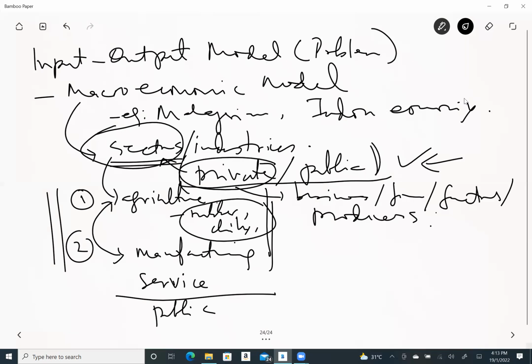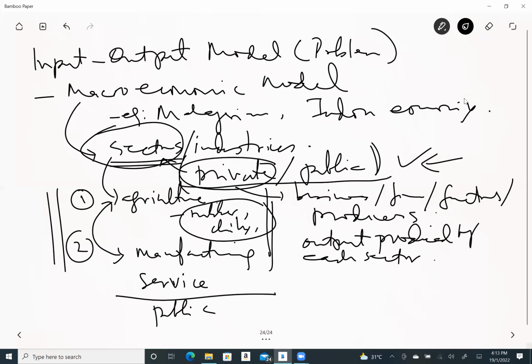For these 2 sectors, there will be quantities of output produced by each sector.